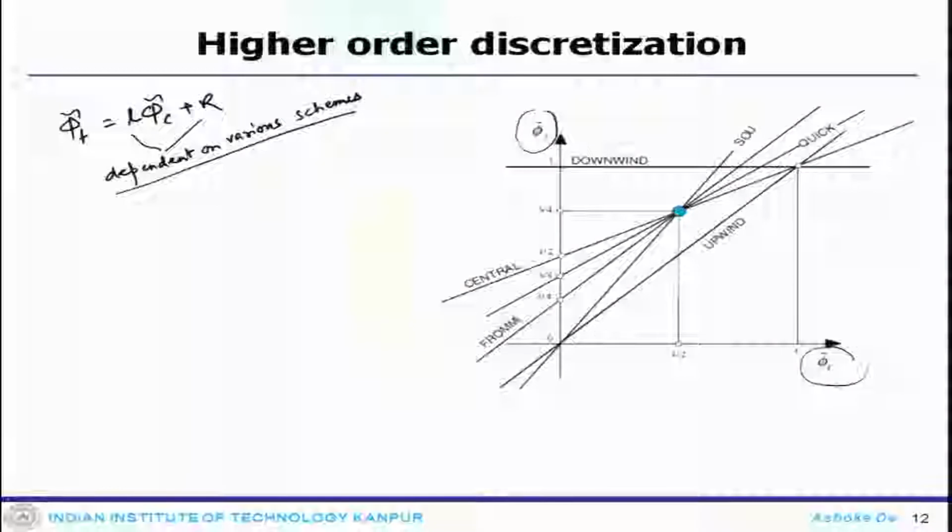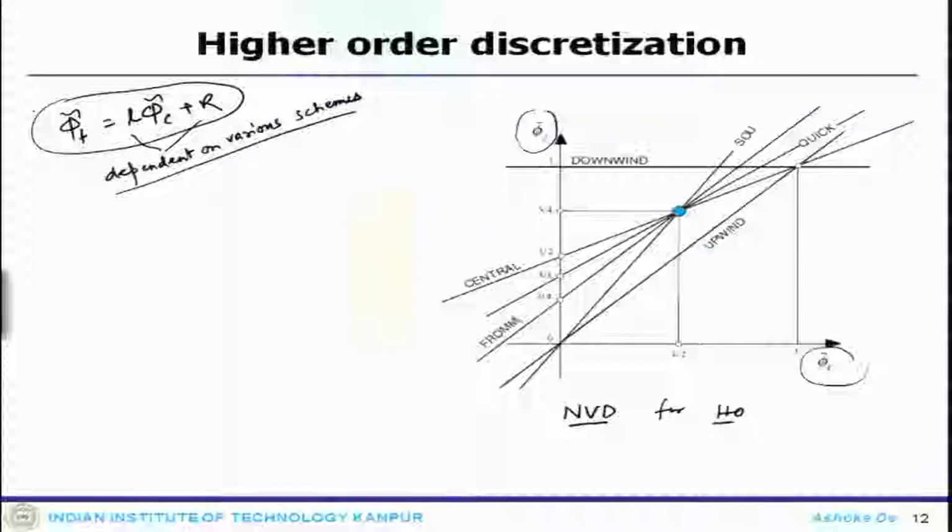Now, as we said, this complete diagram is called the normalized variable diagram or NVD for higher order schemes. Once you plot them in this kind of a function, everything will look like a straight line.